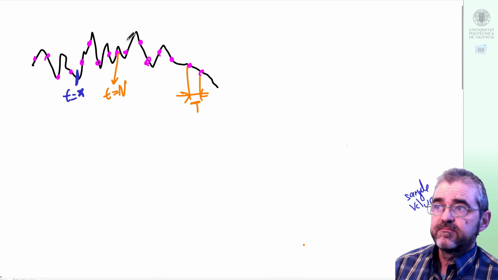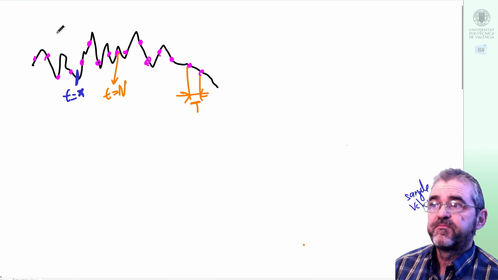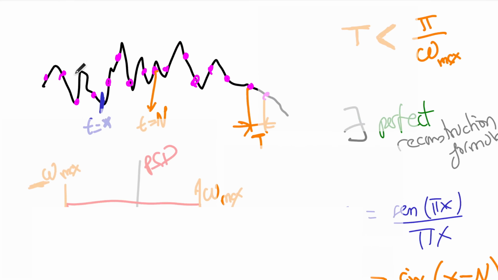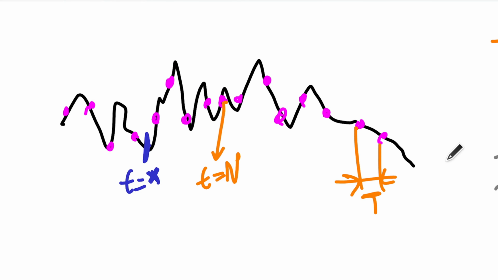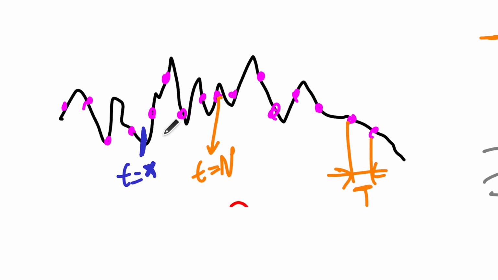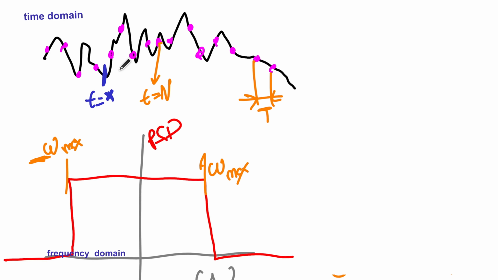The basic idea in the Shannon theorem is that if I have a black signal here with samples every capital T seconds, in our particular case we'll set capital T to 1, so the samples will be at the integers. Then with that sampling pattern, the Shannon theorem tells us that I can perfectly reconstruct the signal in the intersampling instants if that signal is band limited.